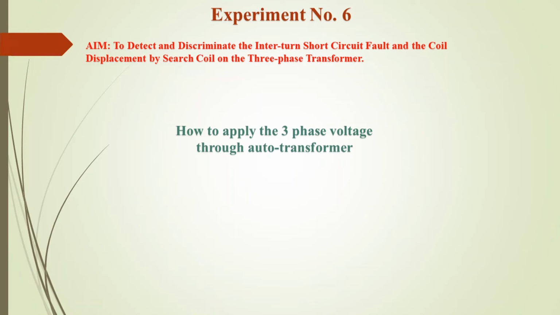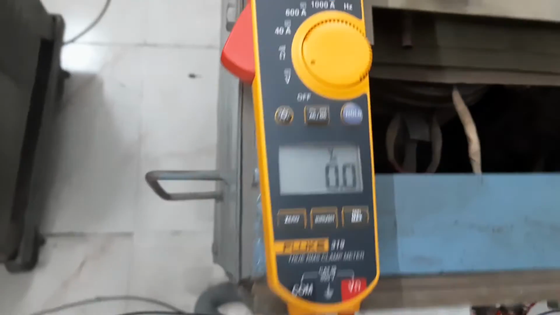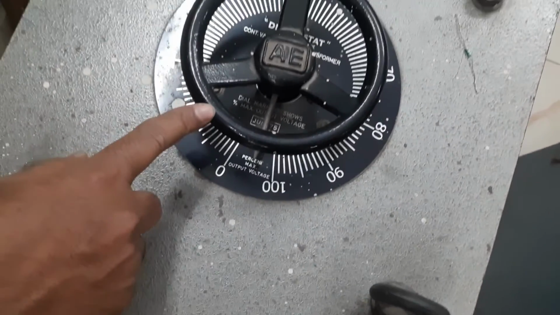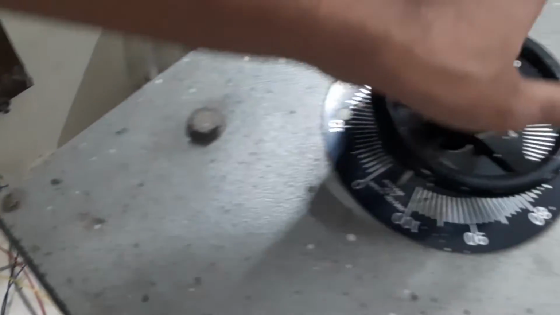In this part we see the application of the three-phase voltage to this auto transformer. Before that we have to connect the voltmeter between two phases of this auto transformer, and check that this point is at 0, and then we'll switch on this MCB and increase the voltage.